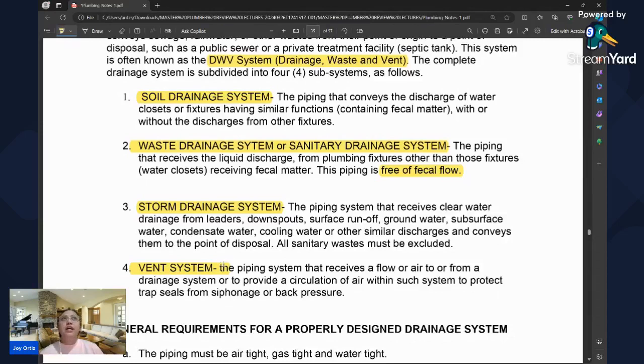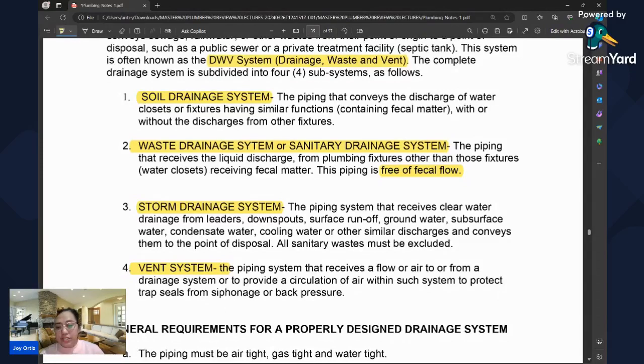It should have a proper vent system so that the pressure in our piping is balanced, so that when you flush, the fecal matter really goes down. So again, these are the four subsystems: the soil drainage system, the waste drainage system or sanitary drainage system, the storm drainage system, and the vent system. That's the four. DWV is drainage, waste, and vent.